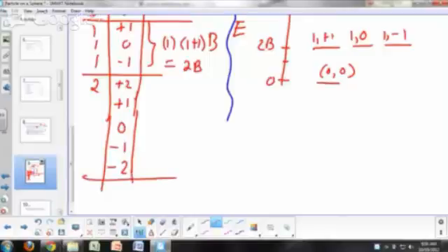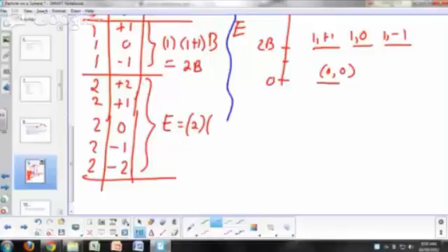So 2, 2; 2, 1; 2, 0; 2, negative 1; and 2, negative 2. What's the energy of these quantum states? Energy here would be L, which is 2, times 2 plus 1, which is 3, times B, so 6B. So the next energy level is going to be 6B.